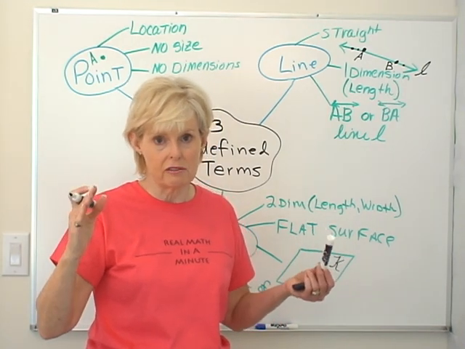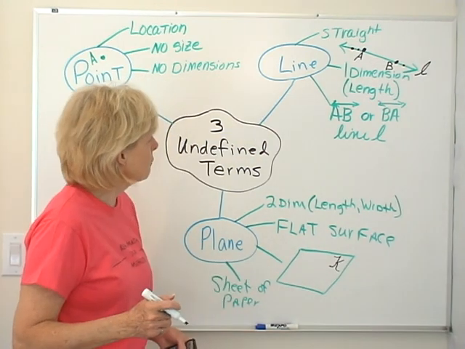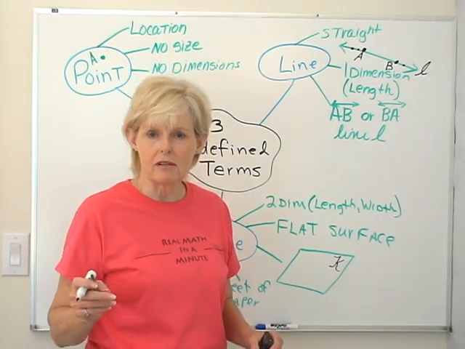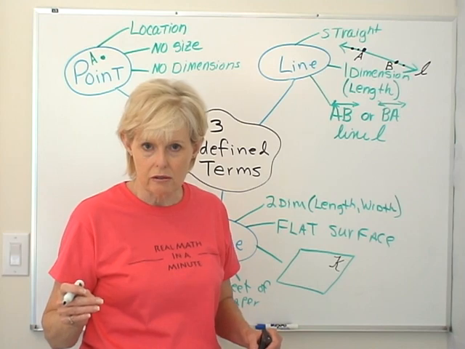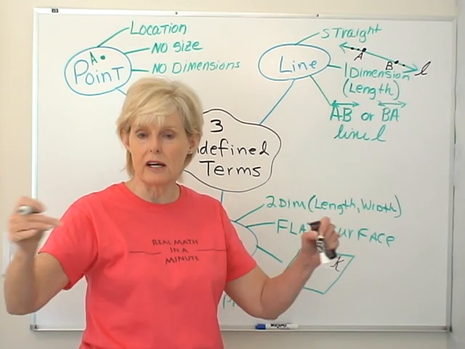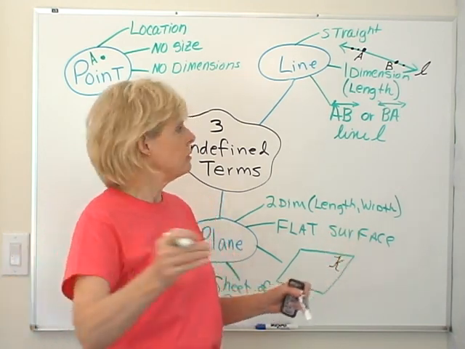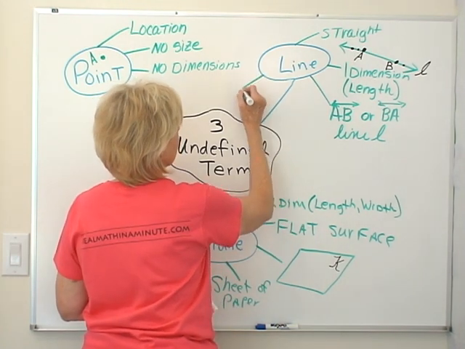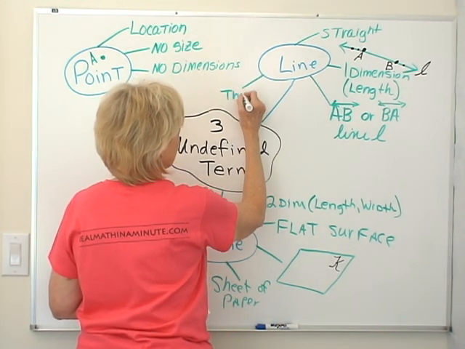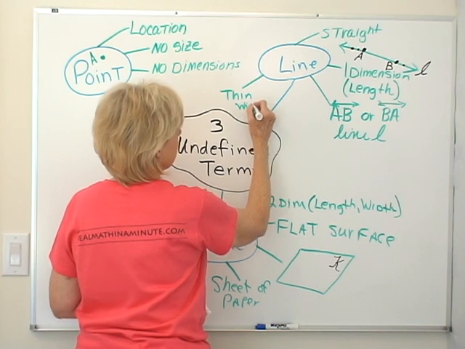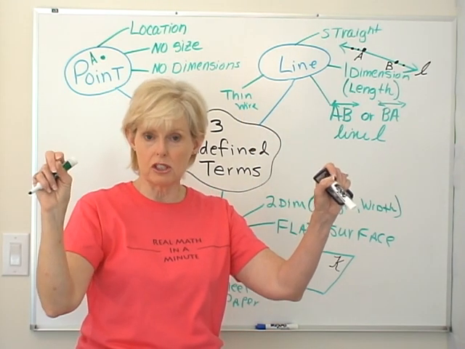If we're looking for something to represent a line, we might think of a very thin wire, or a thread that was perfectly straight. But again, a wire would end eventually.